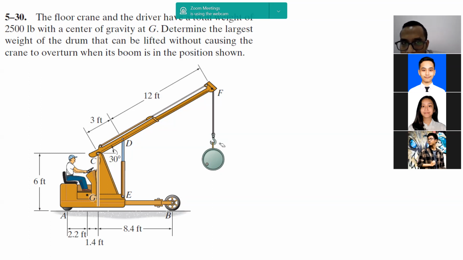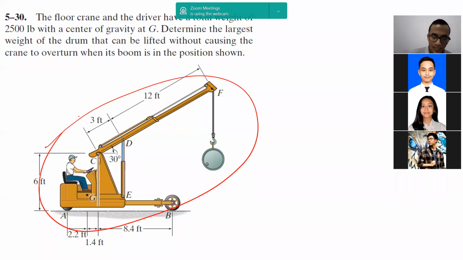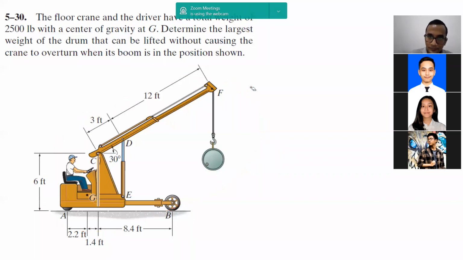The resultant force wouldn't be zero because... No, I mean the physical condition that will happen to the whole crane. If the weight here is too heavy, what will happen to the crane? The crane will be pushed forward, following the weight.